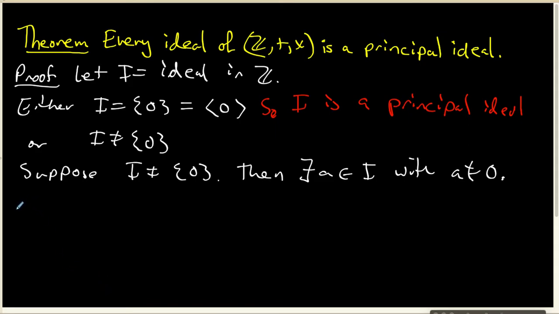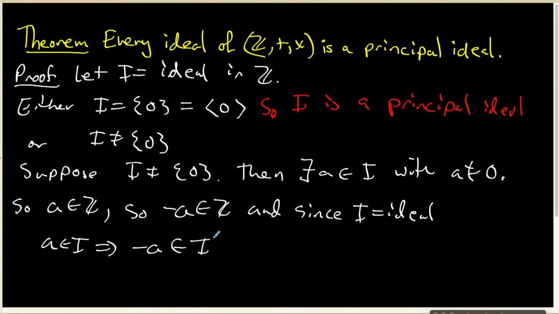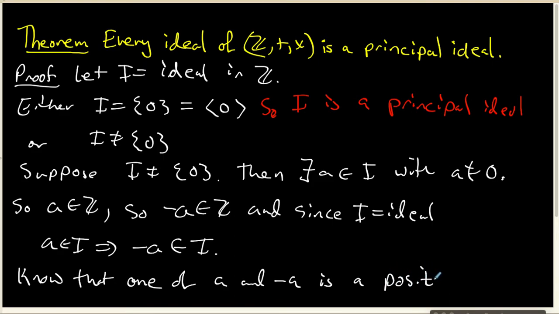And what I know then is that A is an integer, so minus A is also an integer, and since I is an ideal, A inside I will imply that the additive inverse of A is also inside of I. And the other thing I know is that one of A and minus A is a positive integer.